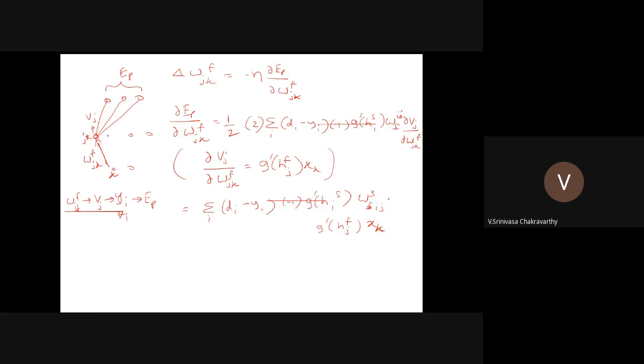Now, this connection and these neurons are very far from each other. In fact, this is an MLP, so at least they're one synapse away. But if you think of a much larger network, like a deep network, which can have any number of hidden layers. In fact, an MLP also can have any number of hidden layers, but typically when we say MLP, we assume that it is a single hidden layer, but that's not necessarily true.